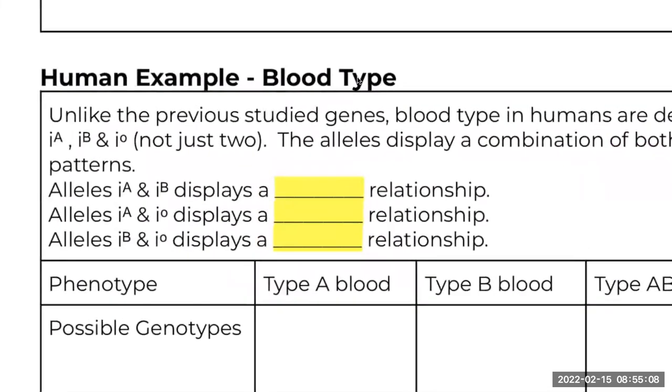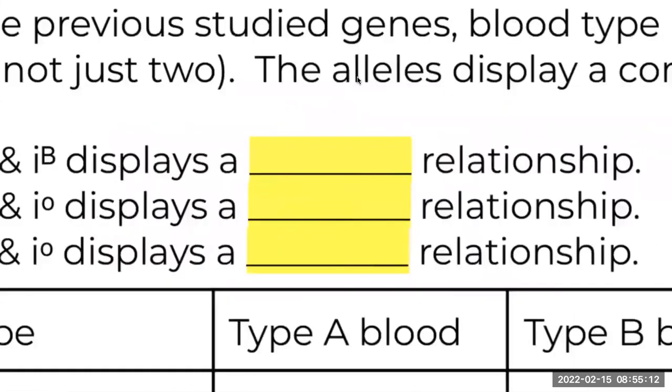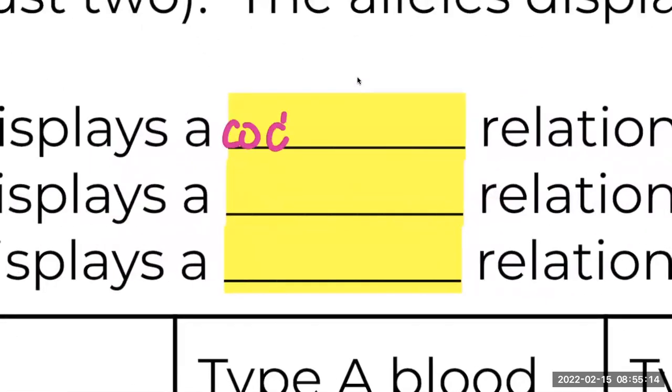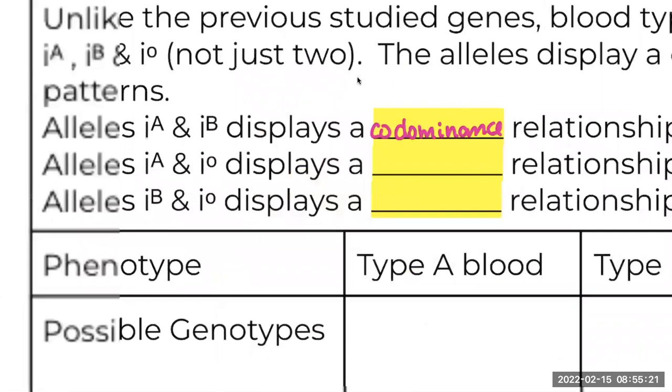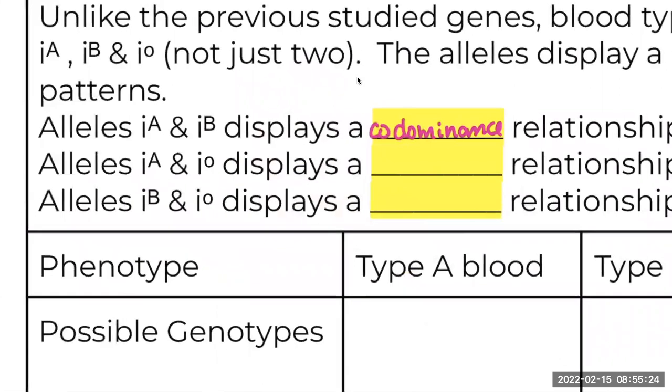Now, if we look at allele A and B, they actually display a codominance pattern. And then A and O display complete dominance, and B and O is also complete. So that means when you get an A and a B allele, both A and B antigens are present, meaning that you get type AB blood.